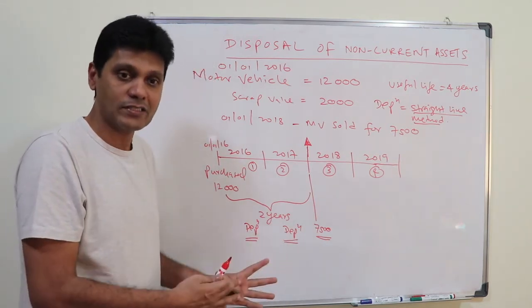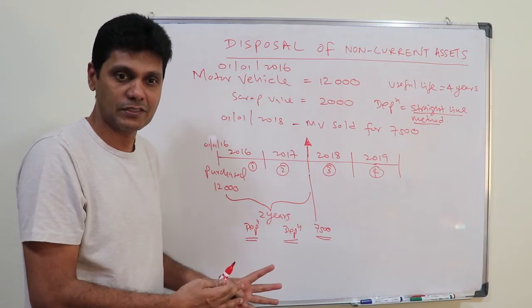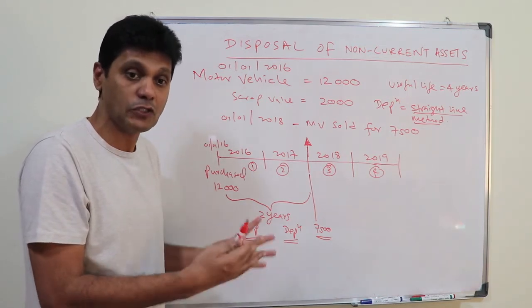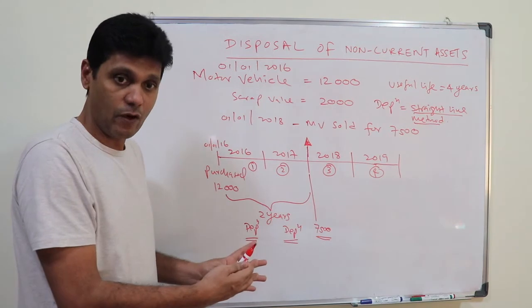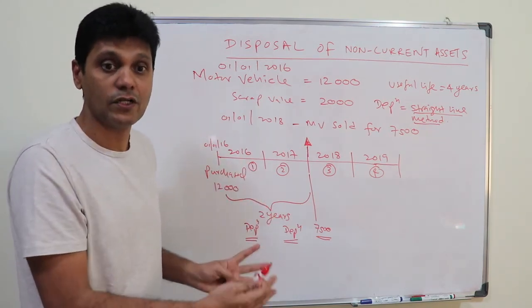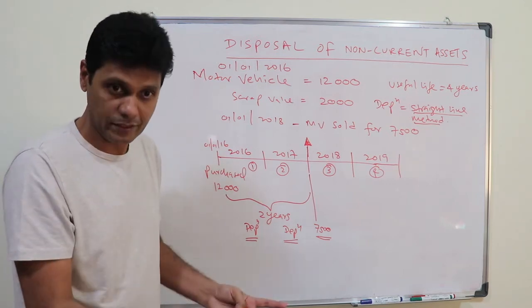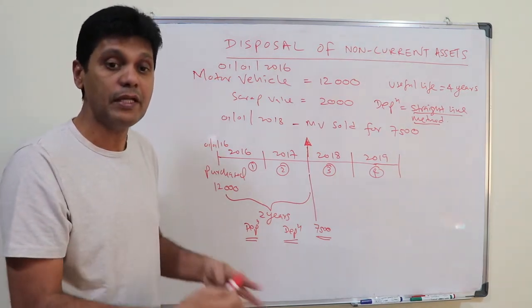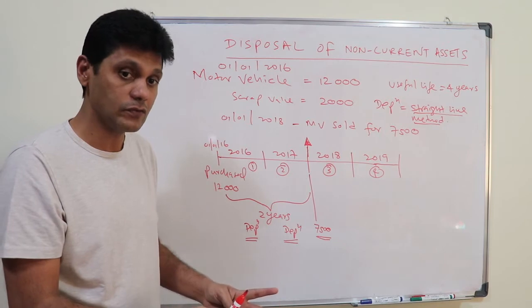So there is no more asset in your business, and you can't show the motor vehicle under non-current assets in your books of accounts. It's not available now. You sold it. So we need to completely remove it from your books of accounts.